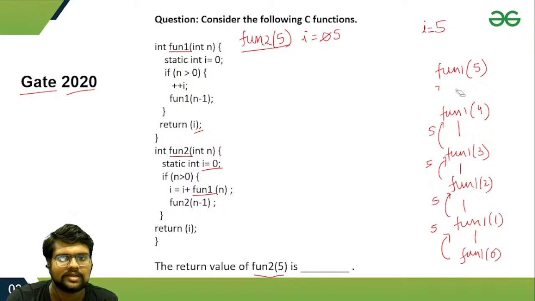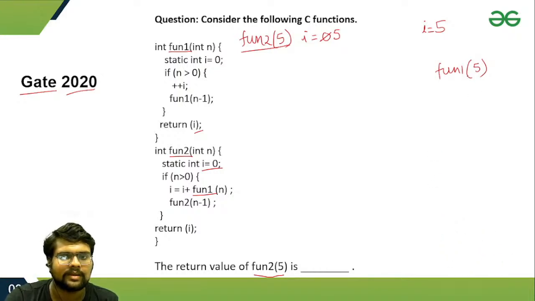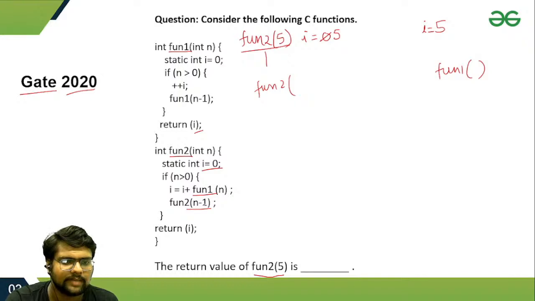Let me erase this. This is the fun1 function, and now we are calling the fun2 function, in which the value of n is 4, because n minus 1 has happened here.